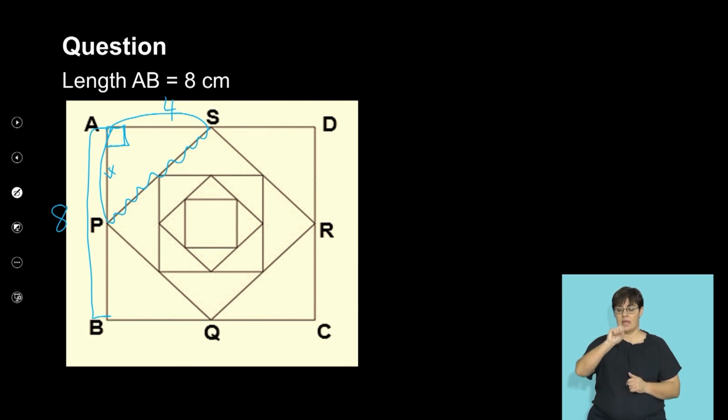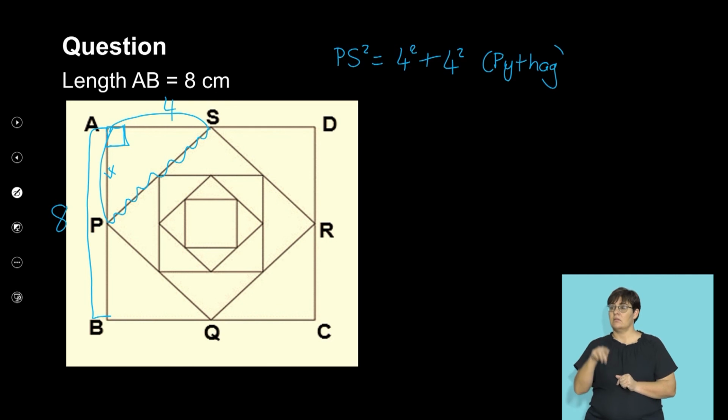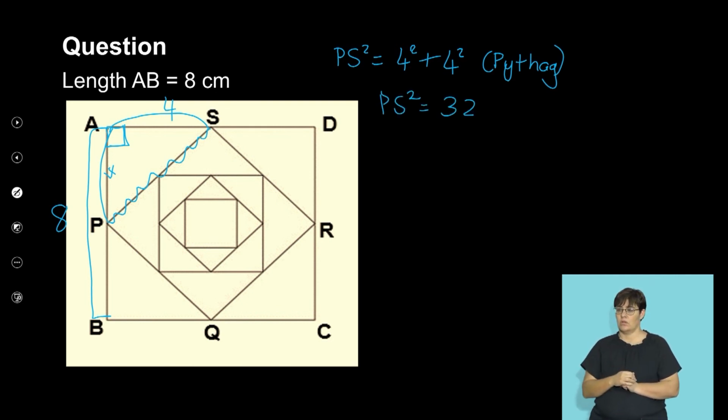So PS squared will be equal to 4 squared plus 4 squared because of Pythag, which means PS squared will be equal to 32, which means PS is equal to the square root of 32.